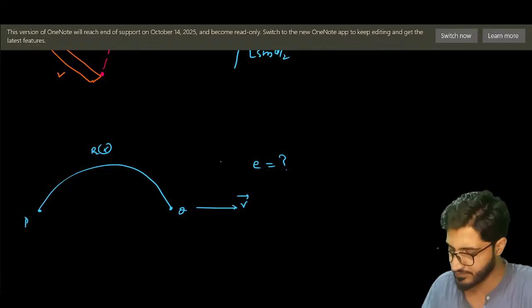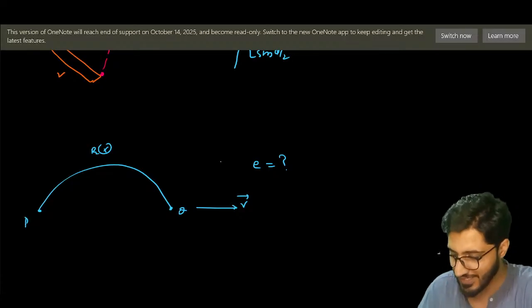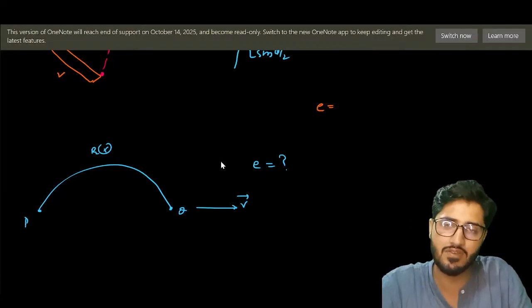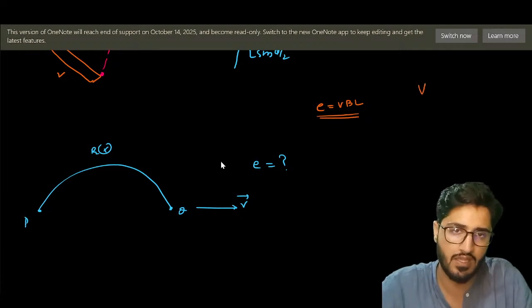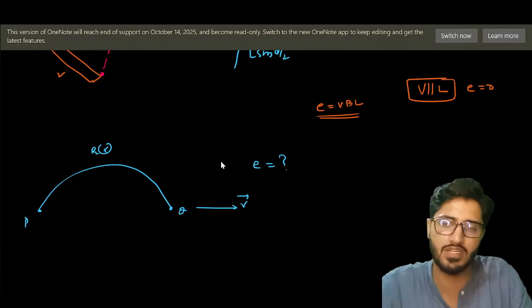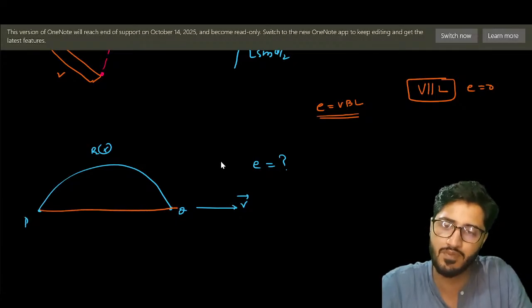What is E now? 0. Yes, it is 0. Do you know why? We know that E equals VBL or BVL, no issue. And I just told you that if V is parallel to L, then E is 0. You can see this is my L, so theta is 0.